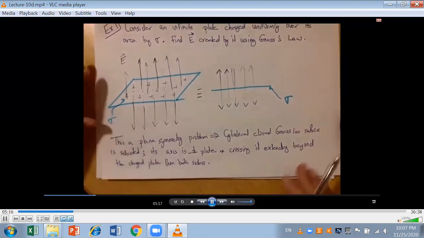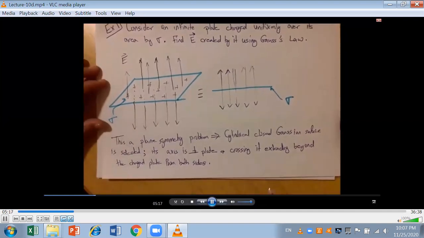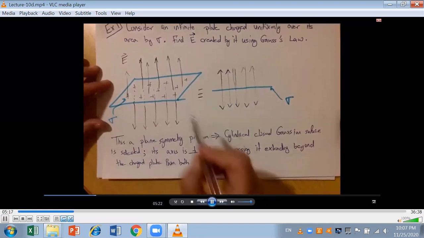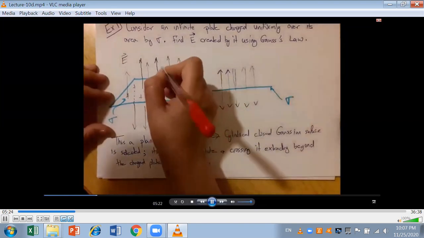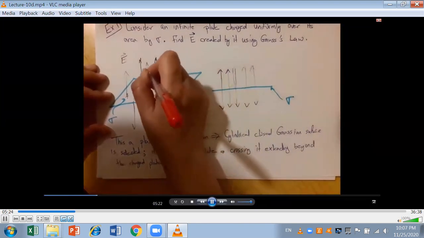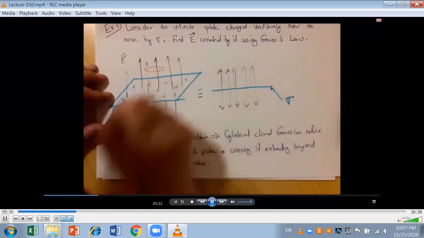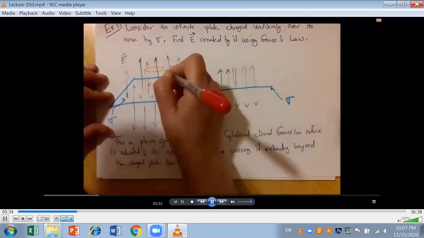On my figure I have to draw this Gaussian surface to show it to you. What do I have? I have a cylinder. Here it is, and we draw it dotted. Why? Because it's not existing in reality, it's something virtual.